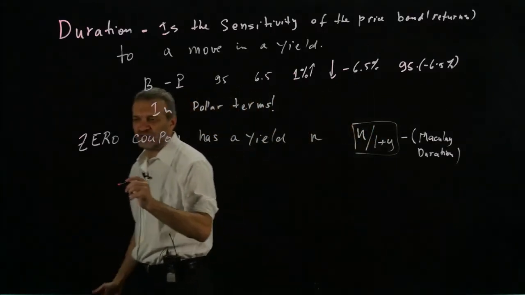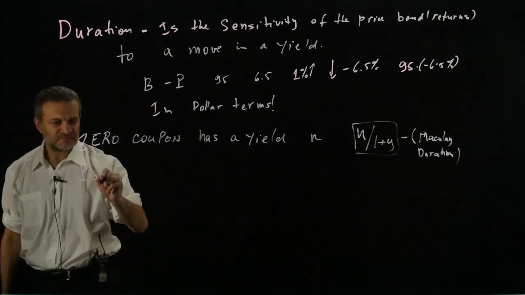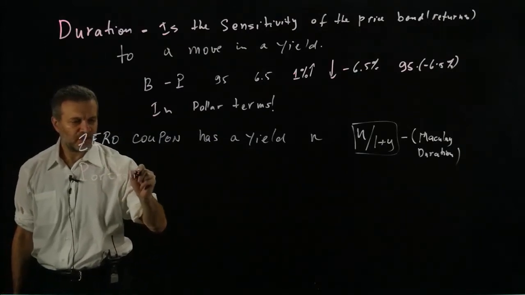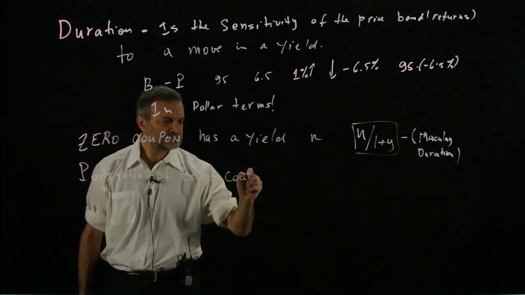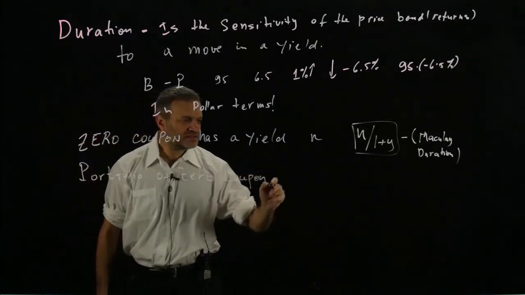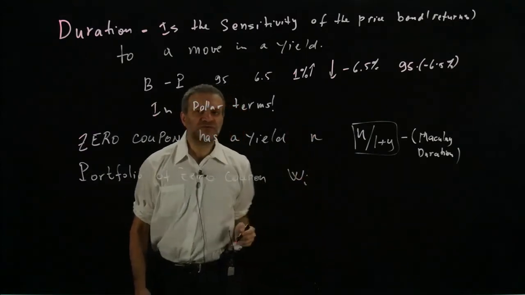So if you have a portfolio of zero coupon bonds, let's say with a weight of W_i.